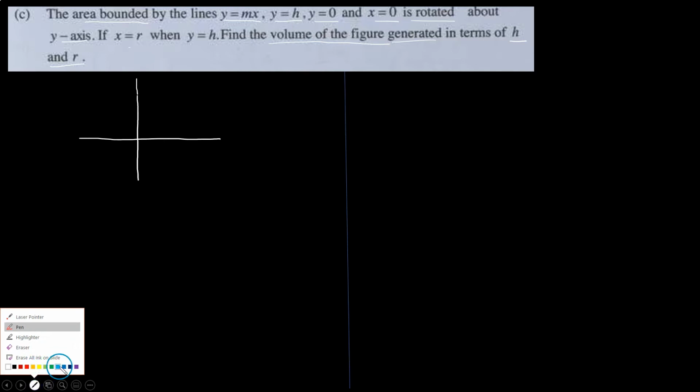Let's just put that on the x and y plane. First of all, there is some sort of line which is y equals mx. I'm just going to draw that line. That line is going to go through the origin because we have y equals mx. We don't know what the gradient is, but it is going through the origin.